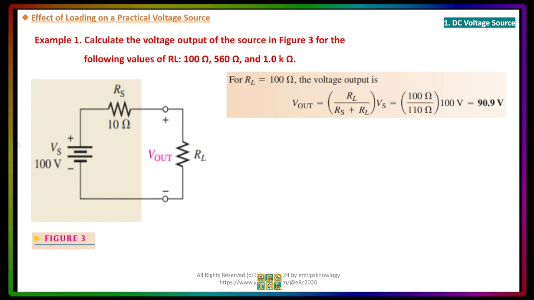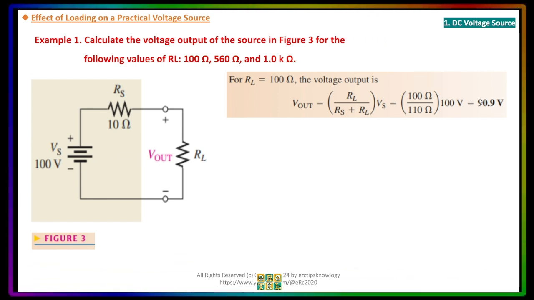In other words, from the 100 volt source, it gives 90.9 volts to the RL. As you can see, this is a practical voltage source, and the RL does not get completely the 100 volts that is supposed to be given by Vs.